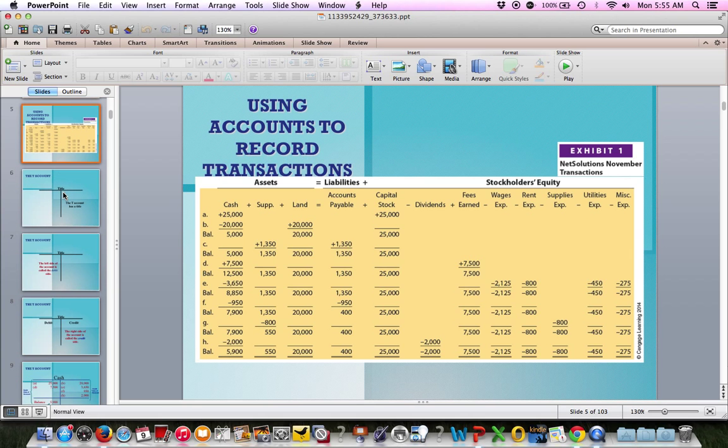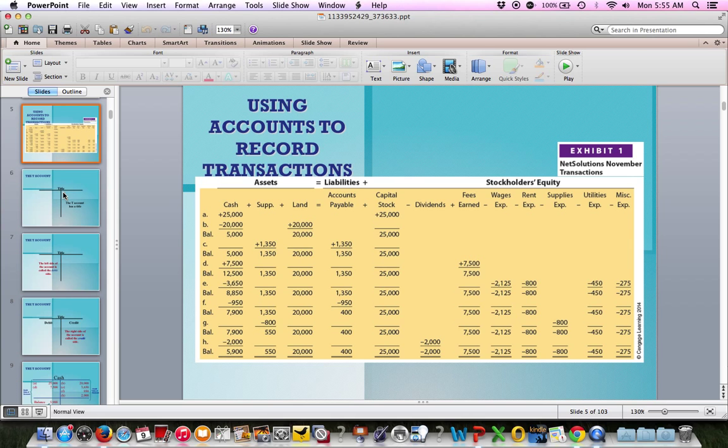And we kind of actually did that in Chapter 1 without really telling you that's what we were doing, because this just came from Chapter 1, and these are the transactions that our new company called Net Solutions did for Chapter 1. And you can see that as we went through the several transactions, we just kind of focused on how it made the accounting equation still in balance before and after.